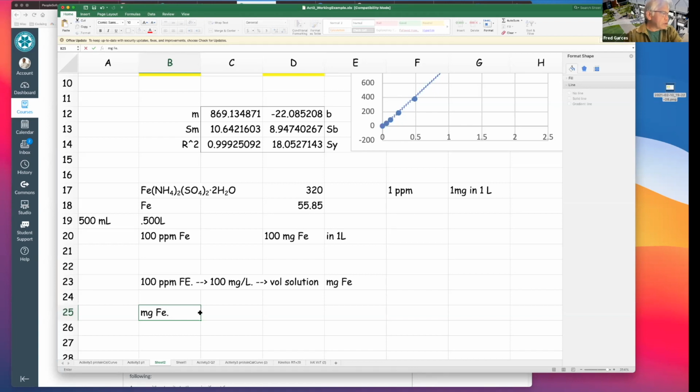Then from the milligrams of iron, you want to use the atomic weight and the molar mass so that you can get the mass of the compound.